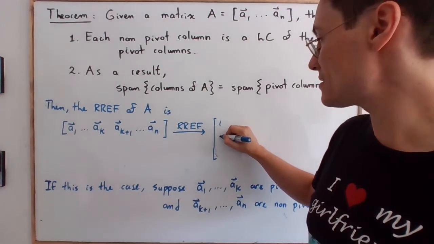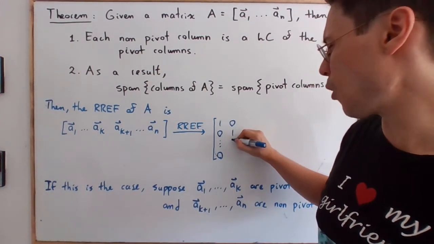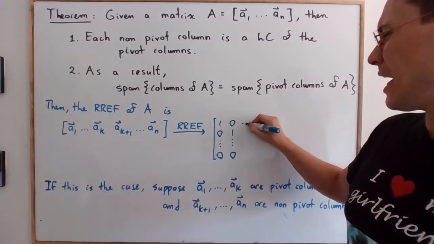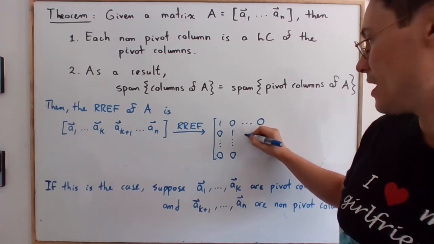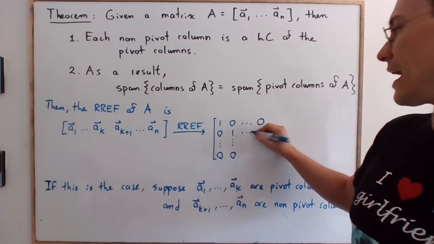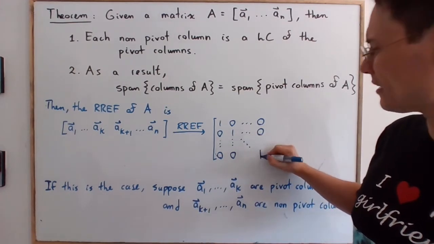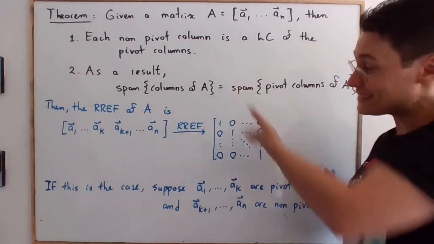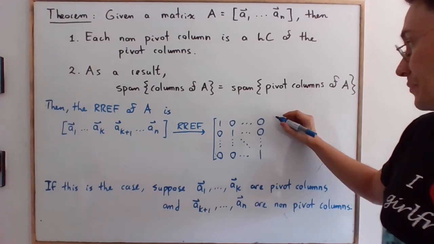So 1, 0, 0. Then we have 0, 1, 0, and all the way down, with zeros. And then finally, we have a 1 here and zeros all the way. So we get this diagonal of 1s, okay?